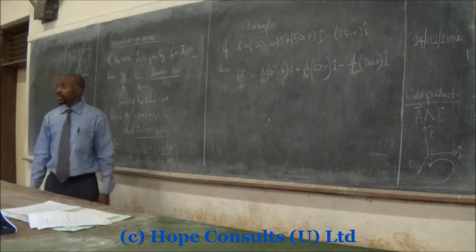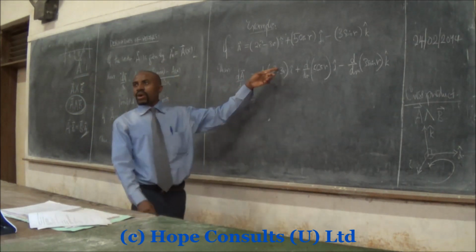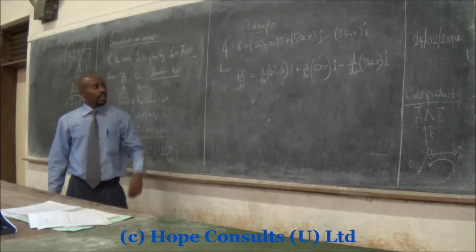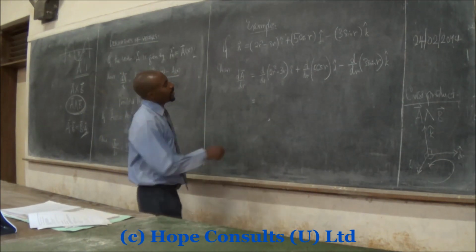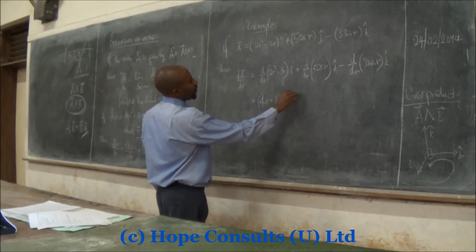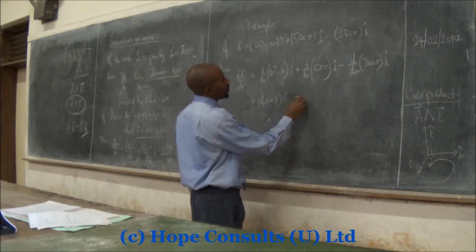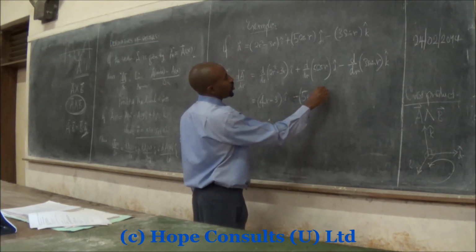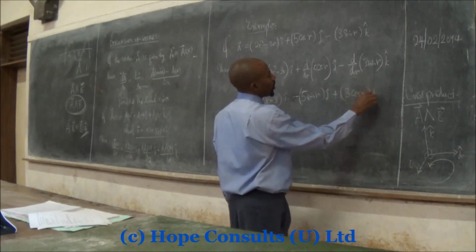And we can do this: we multiply by the index, then take away 1 from the index. So this would be 4r minus 3 i plus, when we differentiate a cos, we get minus a sin. So this is minus 5 sin r along the j plus 3 cos r along the k.